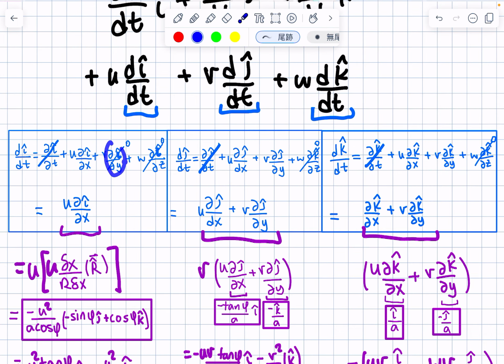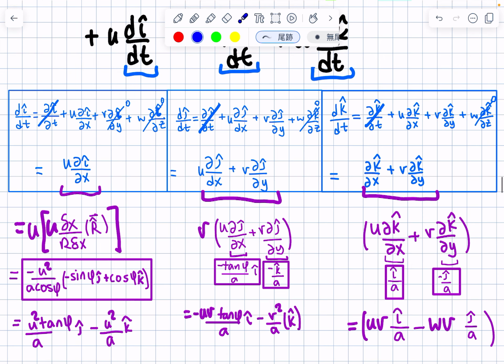So i does not change in the y or z direction either. It only changes in x. i is a function of x only. And for j, it's not a function of z, but it is a function of y as well. So j is a function of x and y. And same for k, the z direction unit vector. k is a function of x and y.